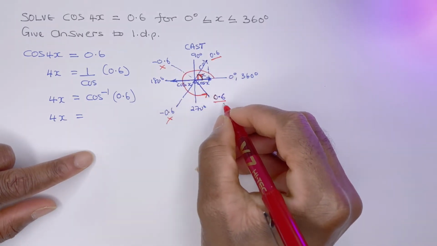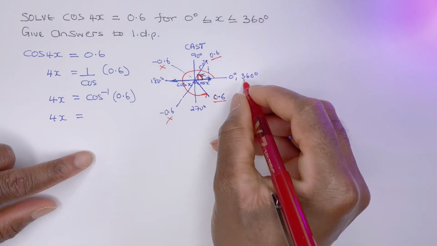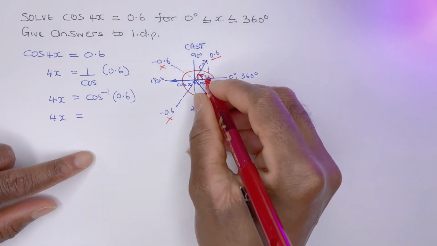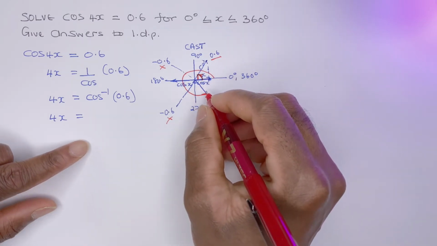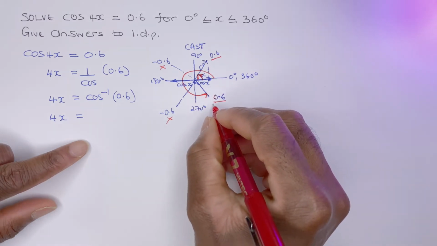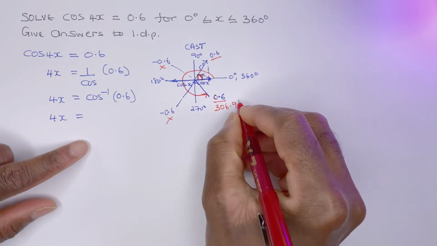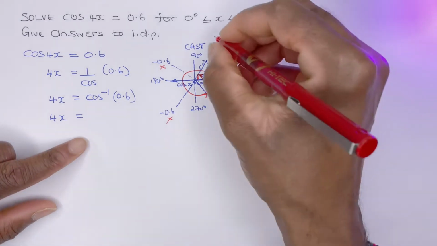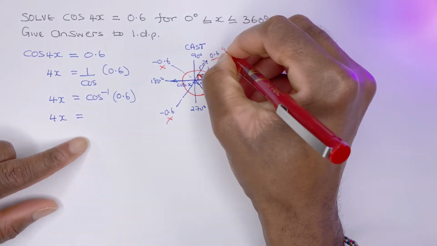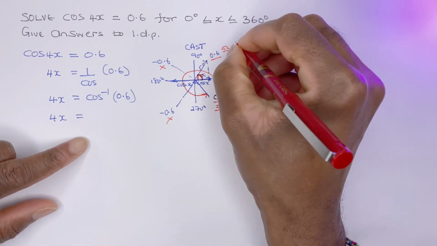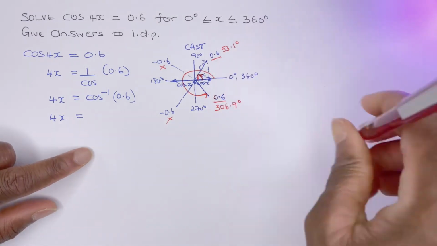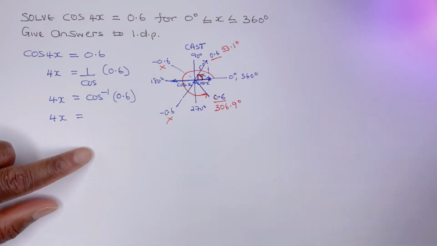So that would be 360 minus 53.1, and this angle here will be 306.9 degrees, while this one is just 53.1 degrees. So those are the two angles that we need to work with.